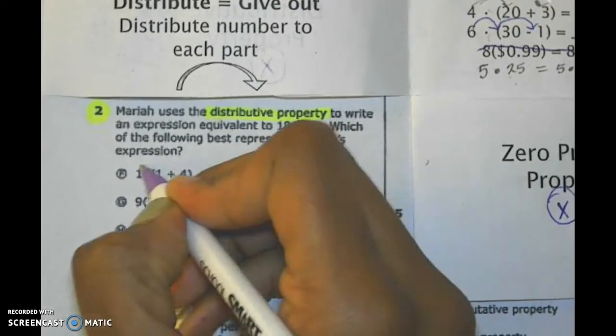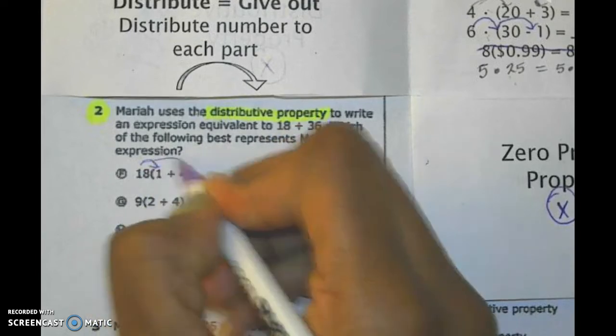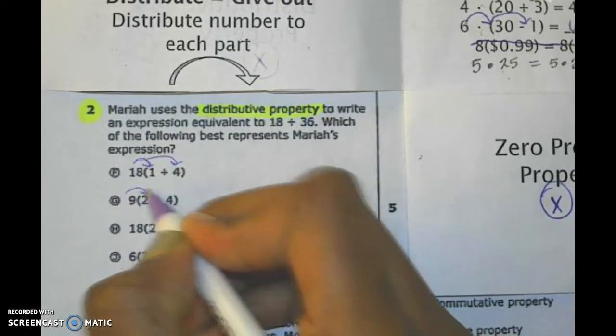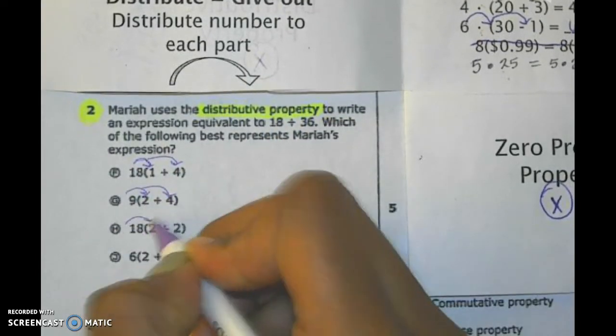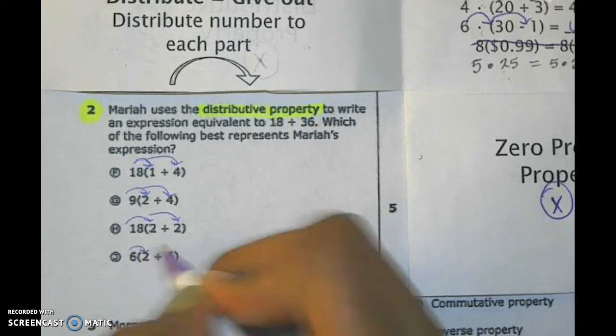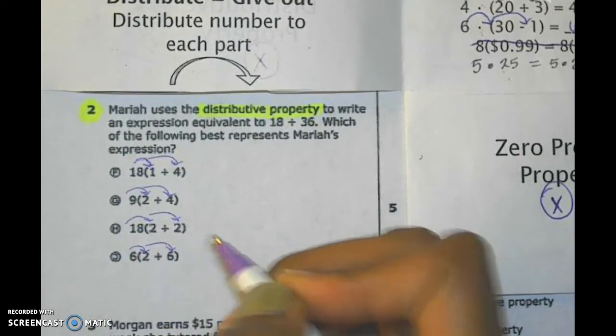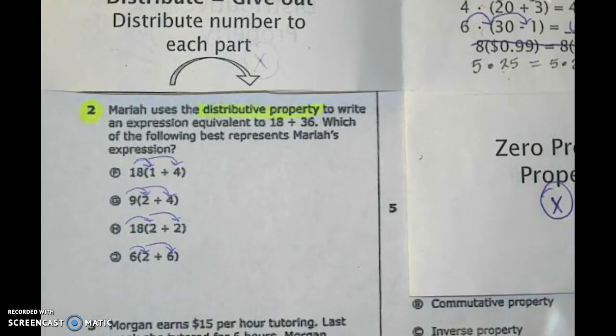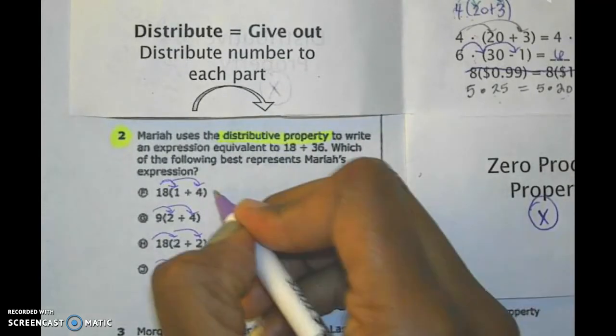So I'm going to distribute for each one of these. The number is going to be distributed to every part. And we know that the distributive property is only related to multiplication. So we're going to actually multiply this out.